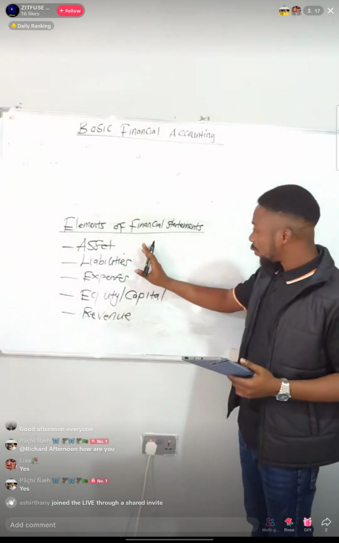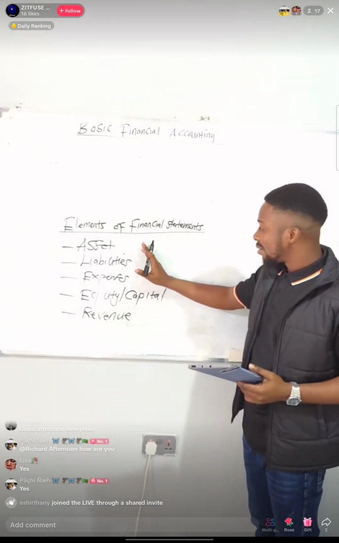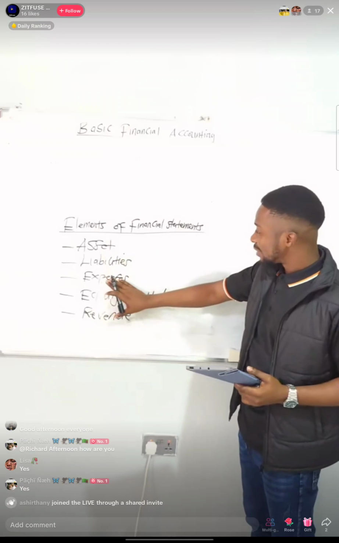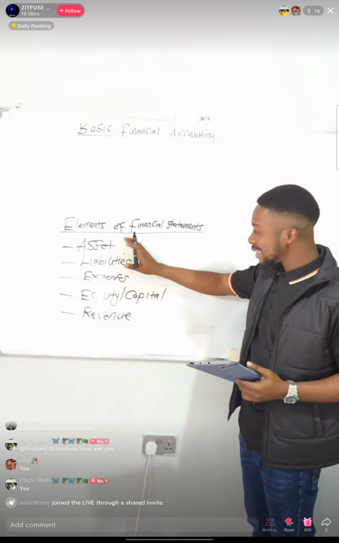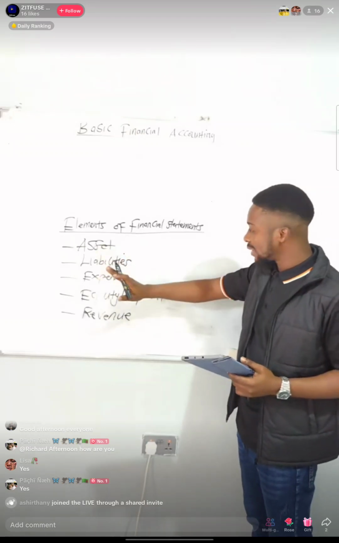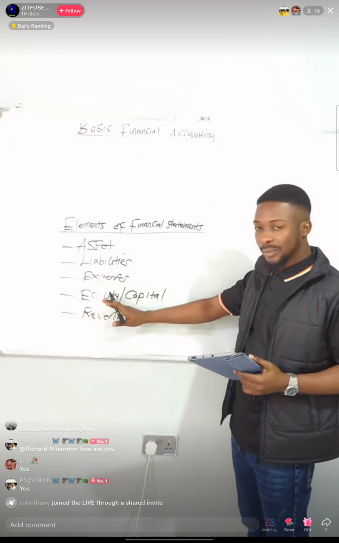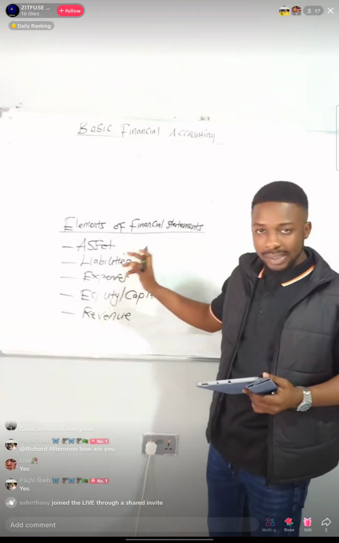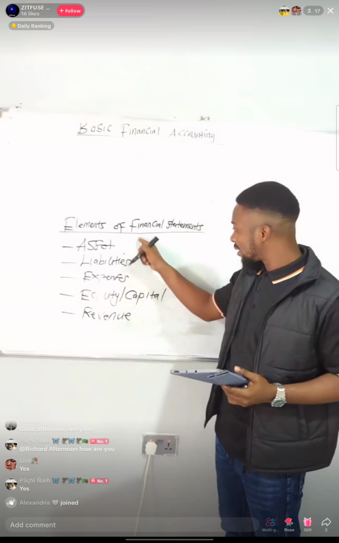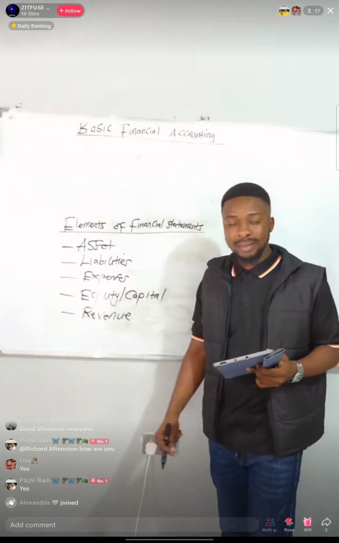You need to understand this because in whatever we're going to be doing, we'll be using these terms and we'll be required to know some examples from these: what an asset is, what a liability is, what an expense is, equity or capital, and revenue. So it's very important from the beginning that you understand all these.